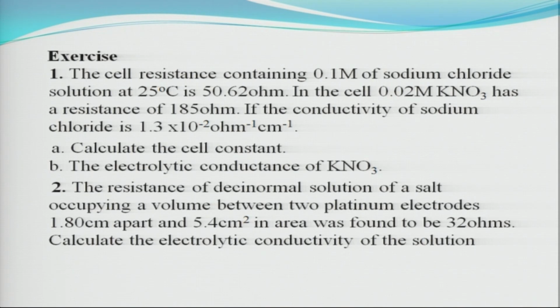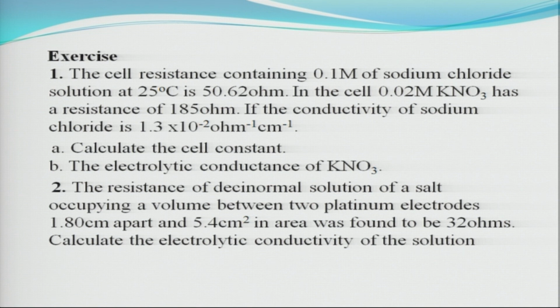In the cell, 0.02 molar potassium nitrate has a resistance of 185 ohms. If the conductivity of sodium chloride is that one, then calculate the cell constant.